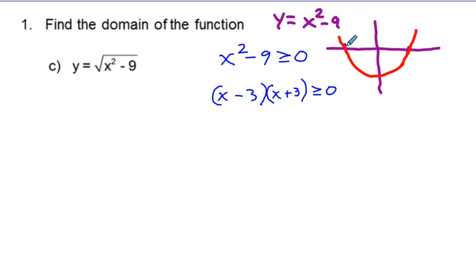Are we looking above the x-axis or below the x-axis?